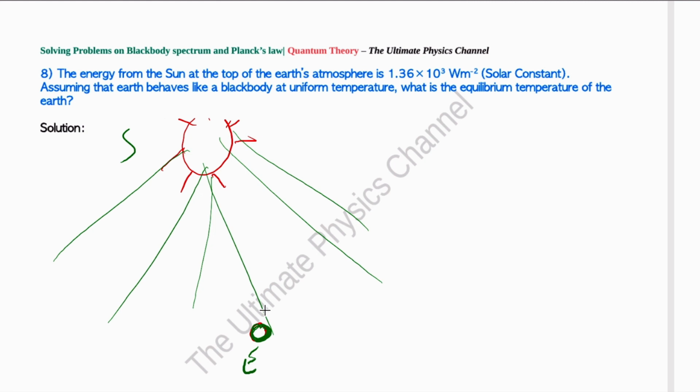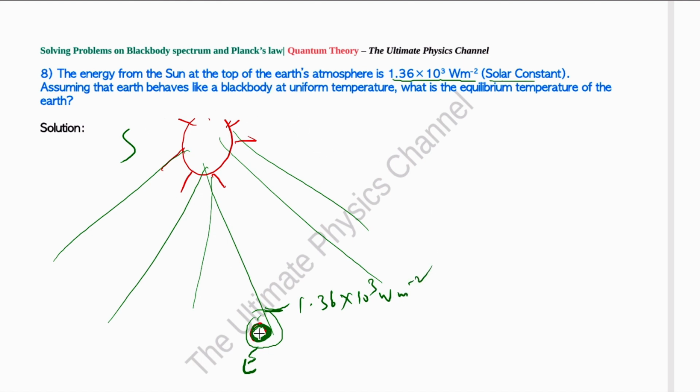At some distance it's there, and then of course there is a thin layer of atmosphere on the Earth, and at this point the energy is given in terms of power, 1.36 into 10 power 3 watts per meter squared, which is the solar constant, on top of the Earth's atmosphere.